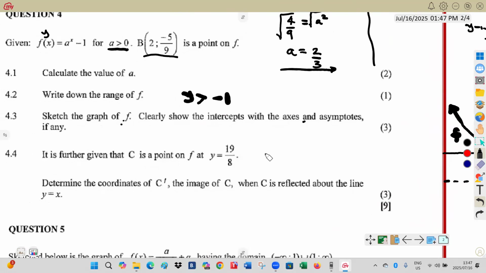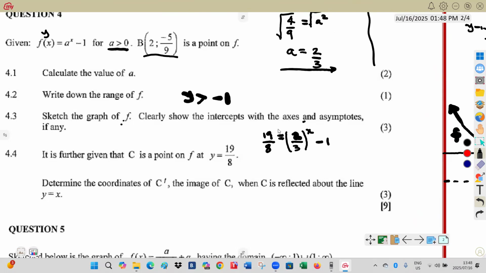This is our function. So it's going to be 19/8 equal to, we found our a to be 2/3 already, 2/3 to the power x minus 1.